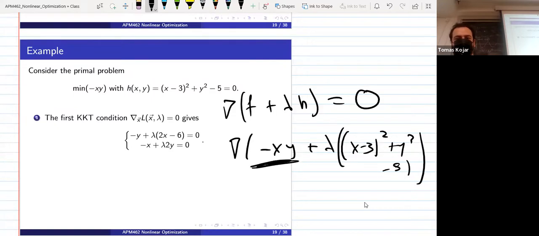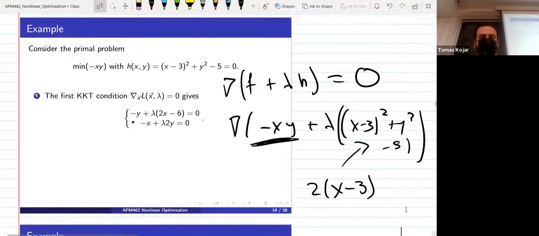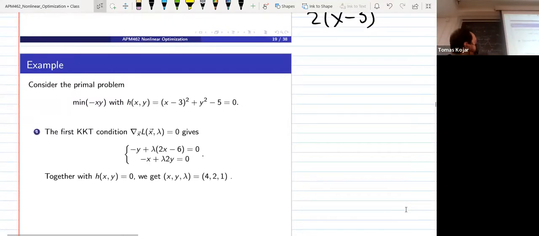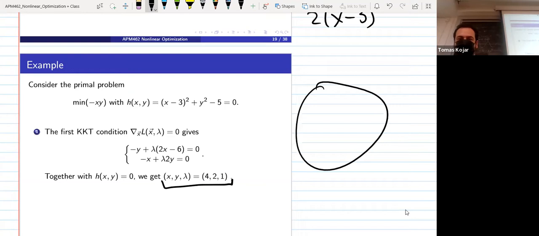If you take derivative in x, you get minus y, and from here you get 2x minus 3. That's how you get the 2x minus 6. So you get this system and you use your active constraint. It's always active, so we're doing the baby case. I hope we'll do inequality on Thursday, which is harder. You use these 3 equations and you get the intersection point that we talked about.